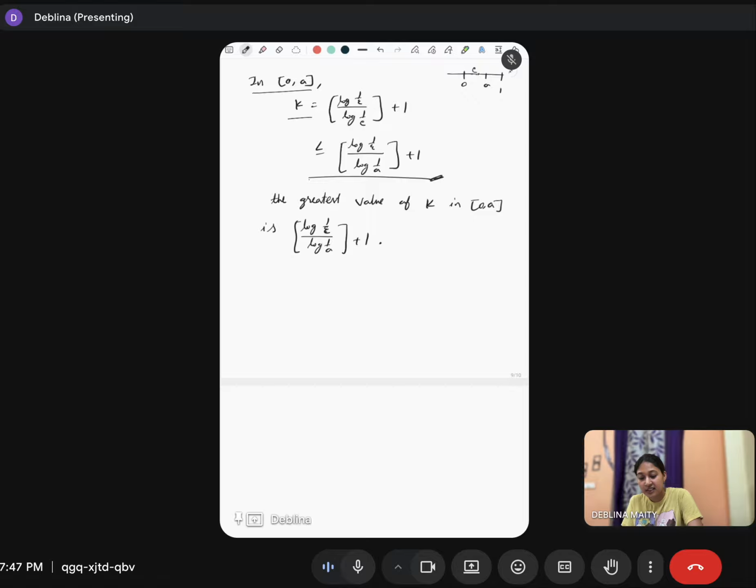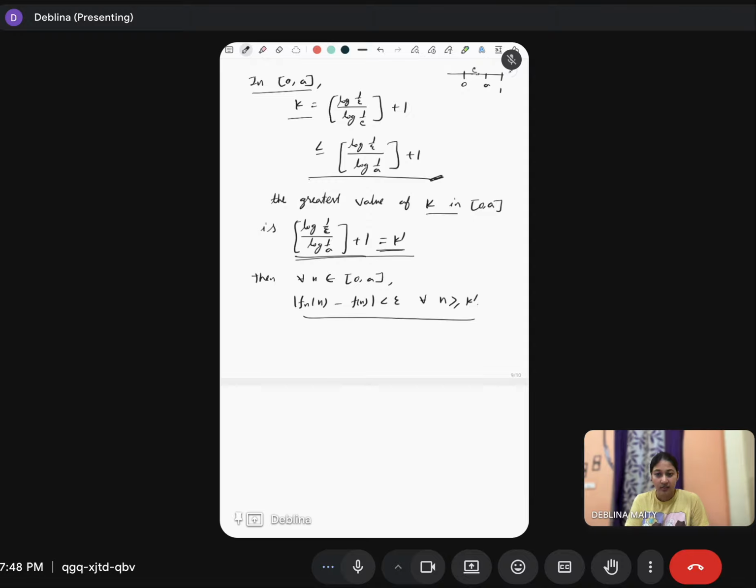There are points c, but this k is not depending upon them. Now if we choose this to be k dash, then for all x belongs to this portion 0 to a, mod fn(x) minus f(x) is less than epsilon for all n greater or equal to this k dash, right?